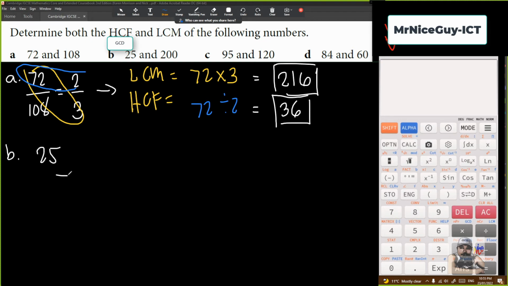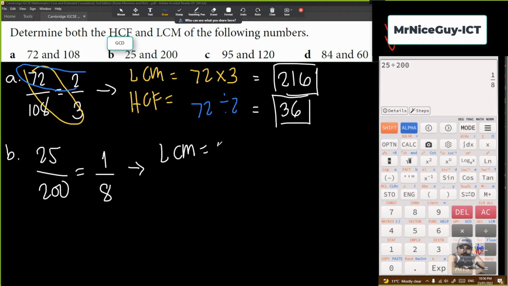On letter B, 25 over 200. If you do it mentally, that is just 25 goes into 200 eight times, so it is simply 1 over 8. Now that you have the lowest form, we can figure out our LCM with cross multiplication.